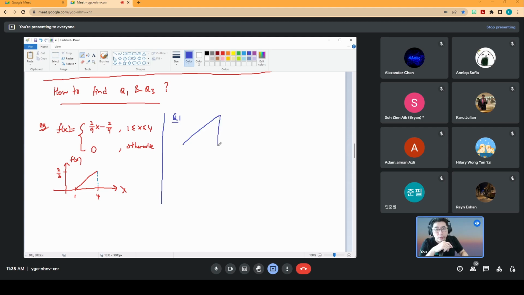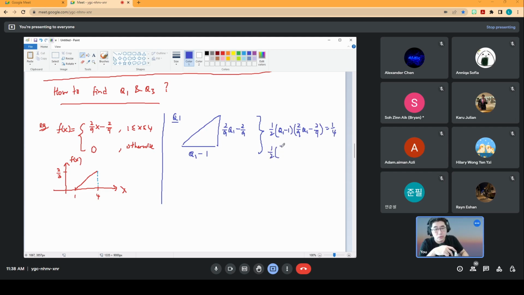You have a triangle with base Q1 minus 1, and height 2 over 9 Q1 minus 2 over 9. Then we have 1 over 2 times (Q1 minus 1) times (2 over 9 Q1 minus 2 over 9) equals 1 over 4. So what we need to do is just solve it properly.